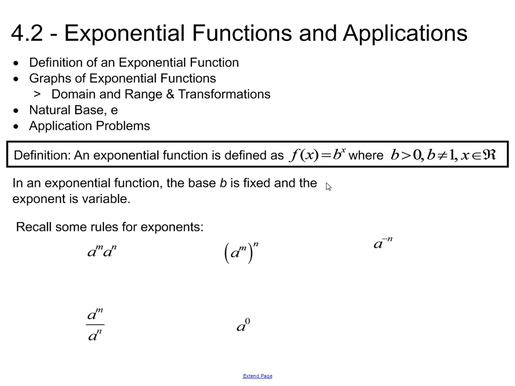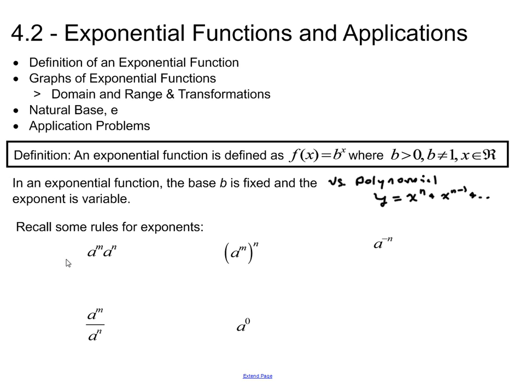So, for example, this is versus a polynomial term, and in a polynomial term, we had something like y is equal to something times x to the nth power, plus x to the n minus 1th power, where the exponent was fixed and the base was variable. So how is that changing?